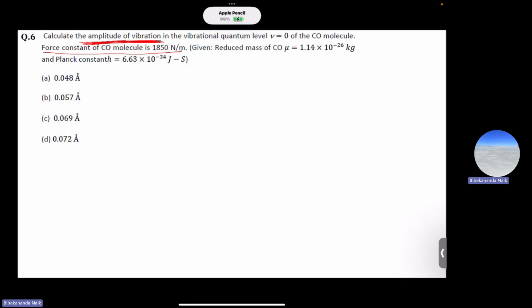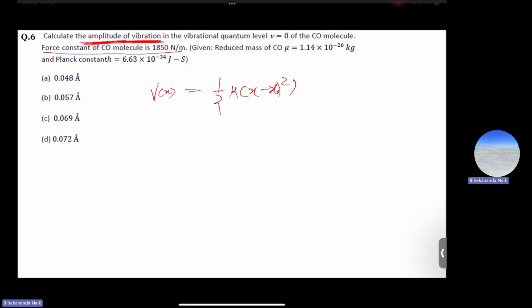Now let's solve the question. The question says calculate the amplitude of vibration. If you remember, we talked about how the potential energy is expanded using a Taylor series, and then we obtain this potential energy V(x) is half k (x minus x zero) square.